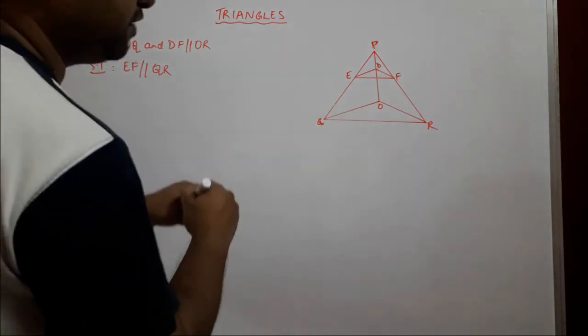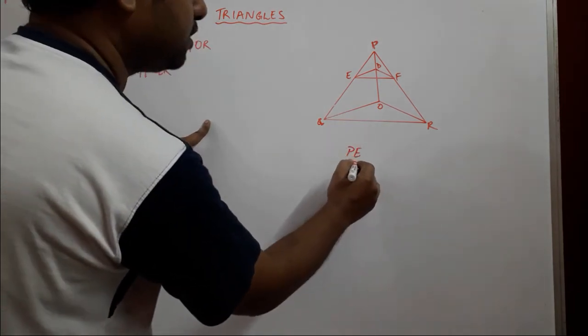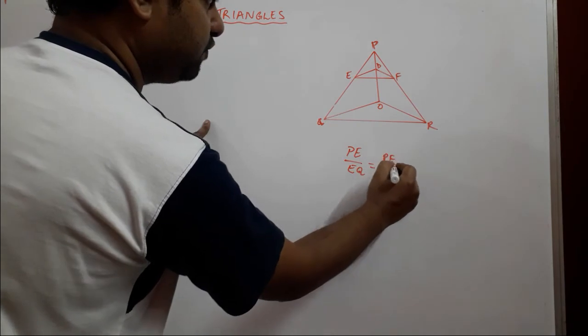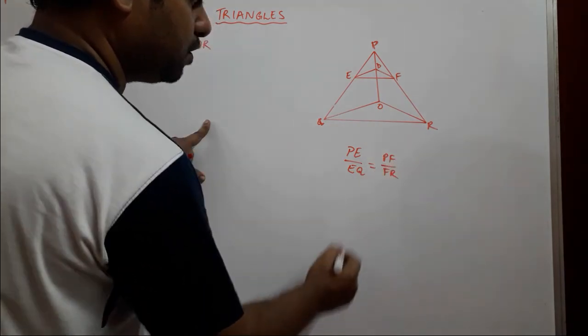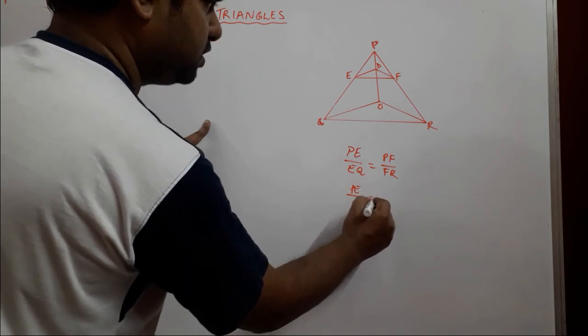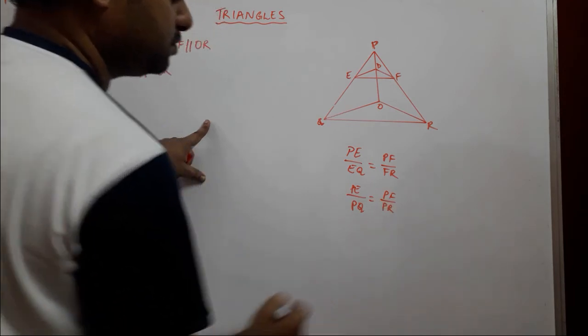So we will either have to show PE upon EQ is equal to PF upon FR, or PE upon PQ is equal to PF upon PR.